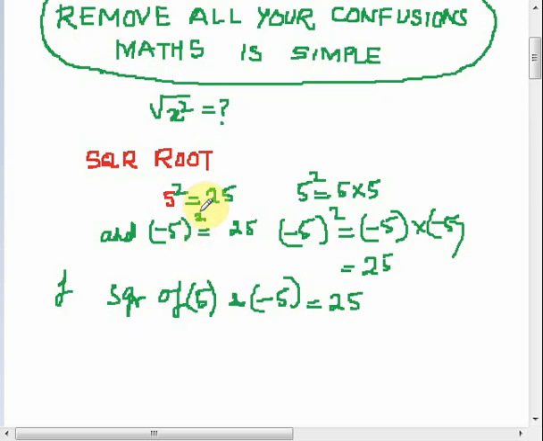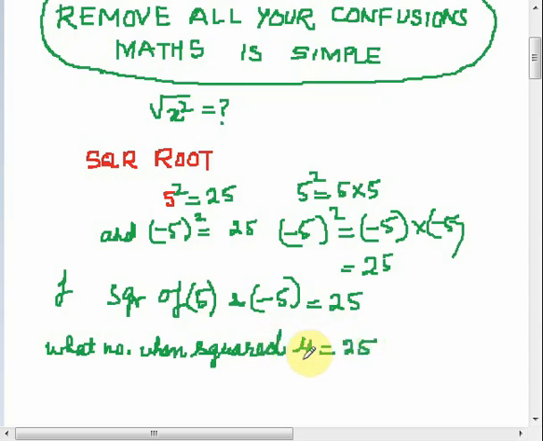We can reverse the process of squaring also to find the square roots. For example, suppose we want to find what number when squared is equal to 25.